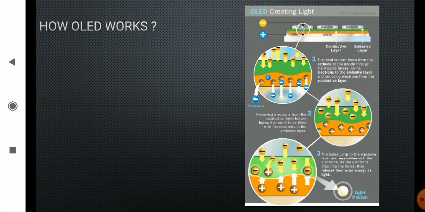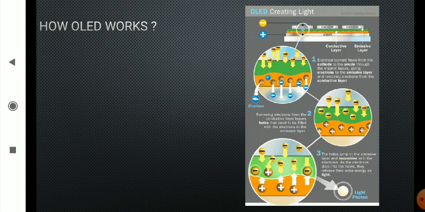Now, how does OLED work? It simply works on the principle of electroluminescence, that is, when electric current is applied across the two layers, the emissive and conductive layers of the OLED, it starts emitting light. Electric current flows from the cathode to the anode through the organic layers, giving electrons to the emissive layer and removing electrons from the conductive layer.